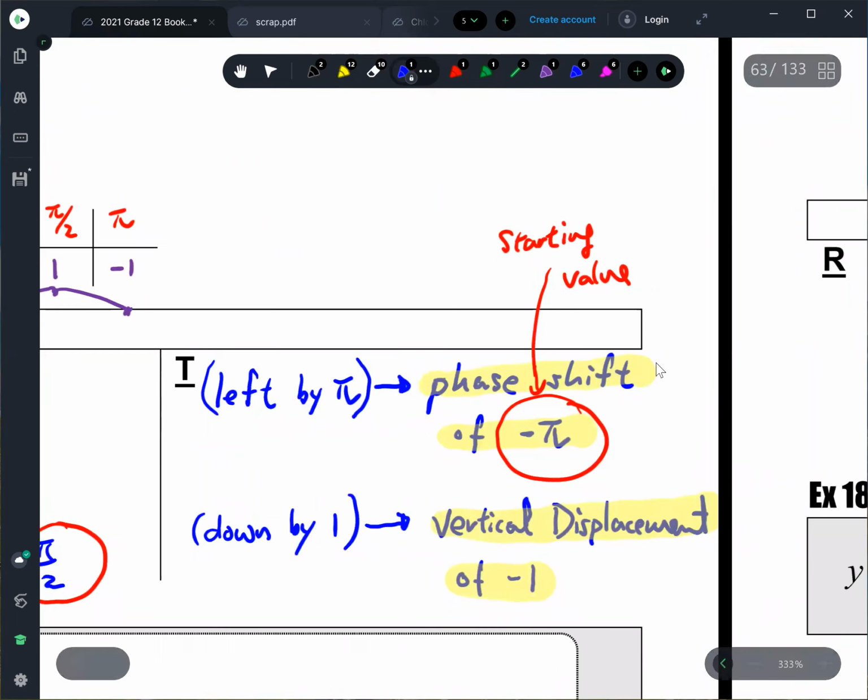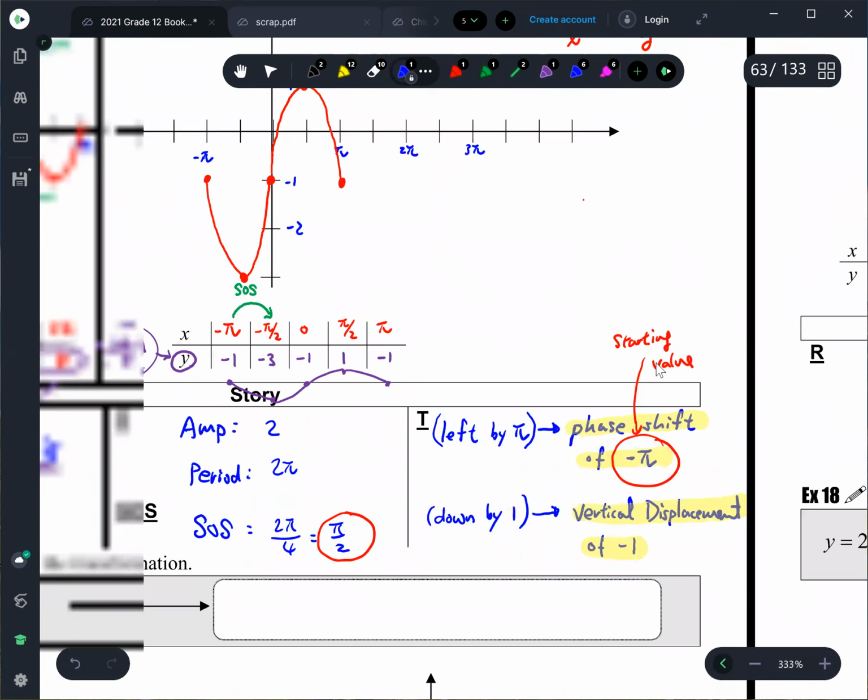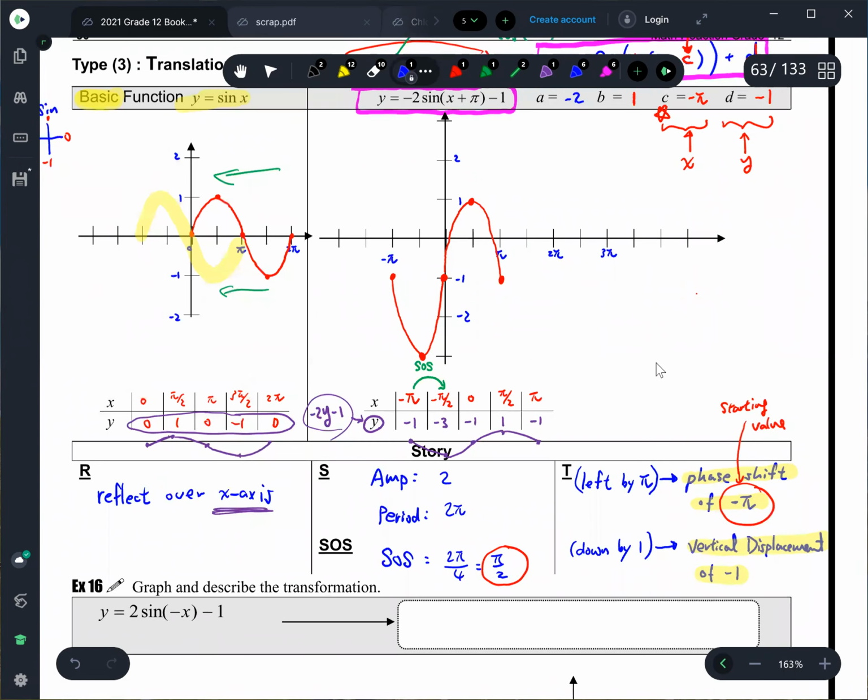Oh, phase shift. Yes. Please write it down. Is there anything else you didn't write down? I forgot the vertical displacement part. Okay, copy those down. Let me know when you're done. Make sure you have complete notes, otherwise you have no reference when you are looking for examples.